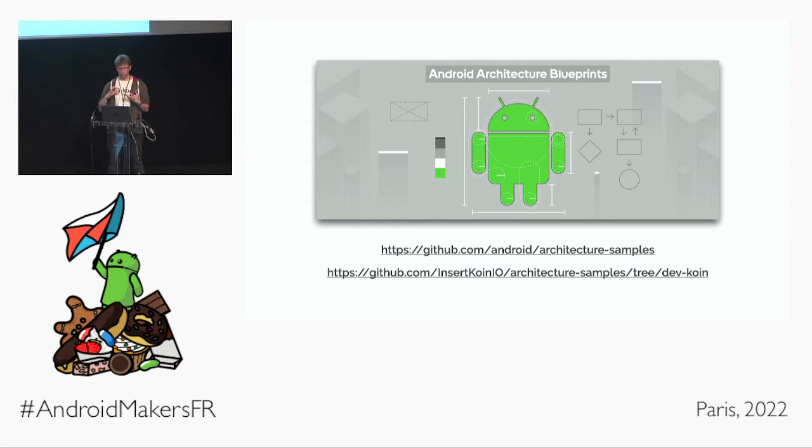This is a project contributed by Google people, GDEs, and other contributors that help to provide all the architecture patterns, how you can build your applications in Android in different styles. You may see the original URL, the first one, and the second one is a fork in the Koin repository, if you want to find the source that I will show here.